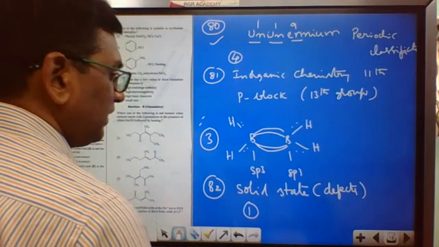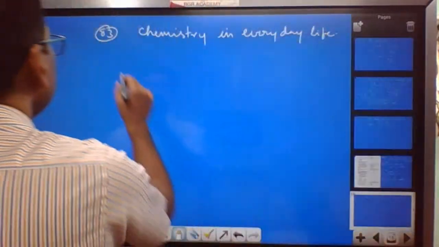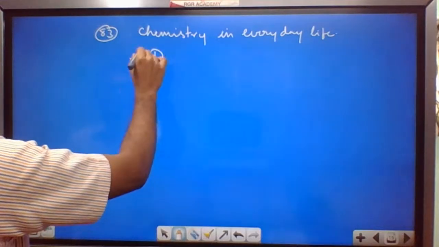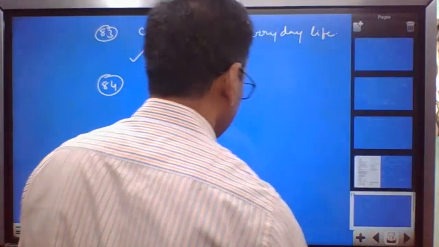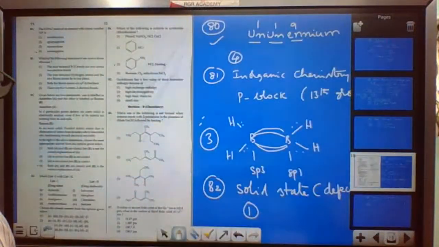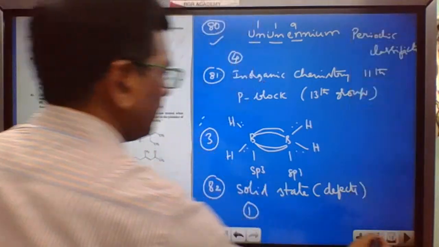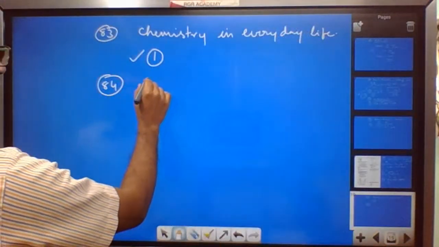So for 83, the option is one. This is a little bit tough, so there will be confusion. That is the reason why I am saying it's a bit tough question. And the 84 question is from organic chemistry.